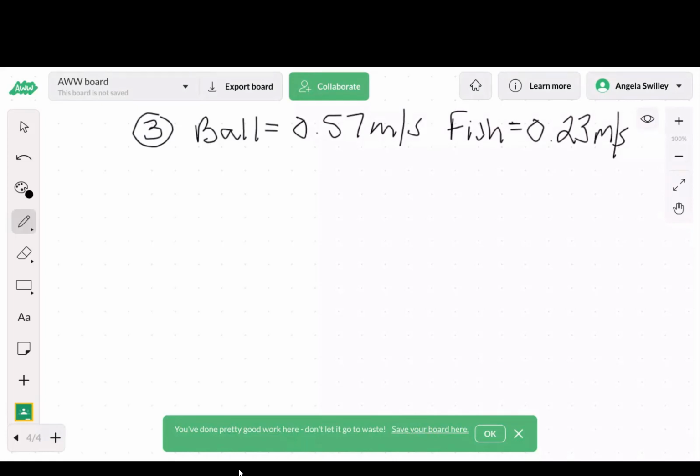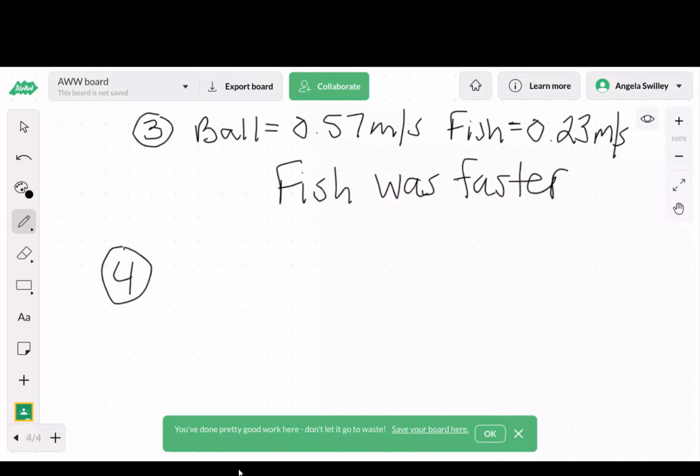So that means the fish was faster. Okay? For number 4, the answer is 3.4 meters per second southwest. 3.4 meters per second southwest.